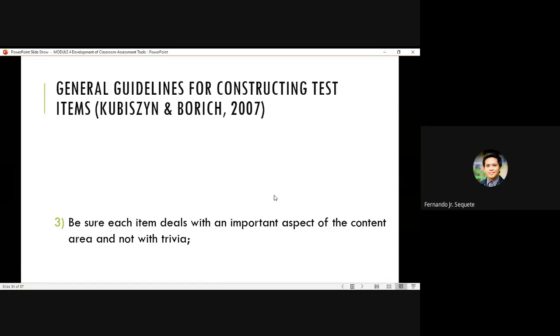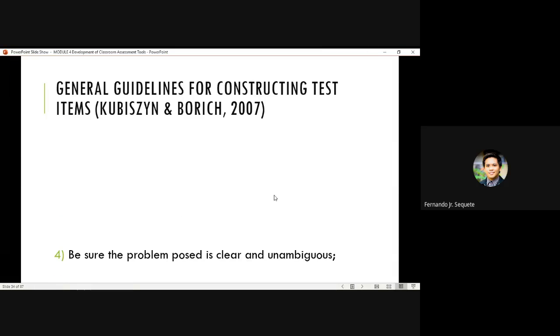There are teachers kasi by the time if they will be making questions, ang gagawin nila sa questions is more on trivial, no? So may mga paligoy-ligoy na questions, and that is not good. That is a big no-no when it comes to technicalities. Yung may mga paligoy-ligoy na test question, that is a big no-no for teachers, no? So dapat kung ano yung dapat ilagay sa question, yun yung dapat.